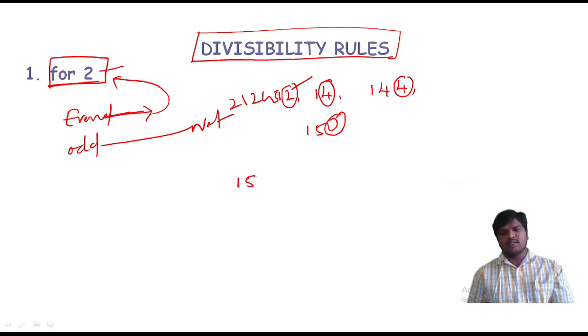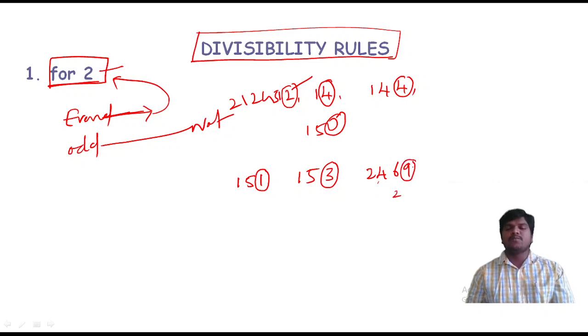And 151 is not divisible by 2, because the last digit is odd. 153, the last digit is odd. And 2469 is also not divisible by 2, because the last digit is 9, an odd number. If a number is divisible by 2, it should have an even number at the units digit. That is the rule for 2.